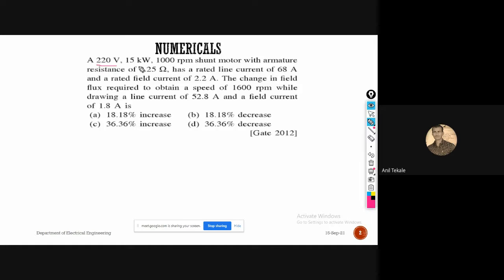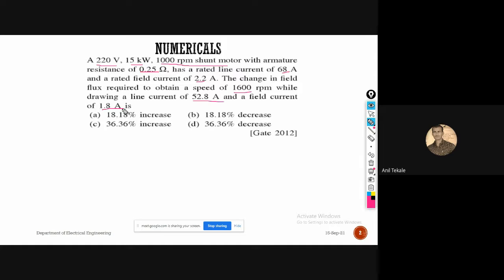A 220 volt, 15 kilowatt, 1000 RPM shunt motor with armature resistance of 0.25 ohm has rated line current of 68 ampere and rated field current 2.2 ampere. Change in field flux required to obtain a speed of 1600 rpm while drawing a line current of 52.8 ampere and a field current of 1.8 ampere.